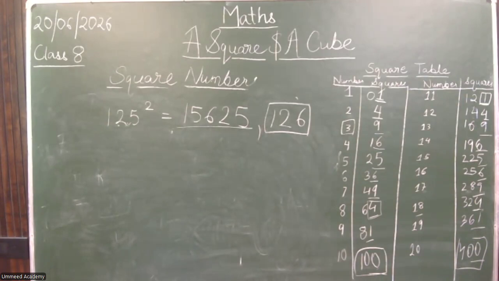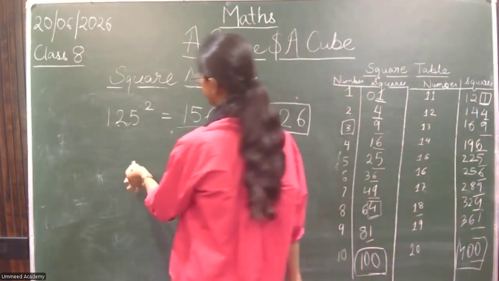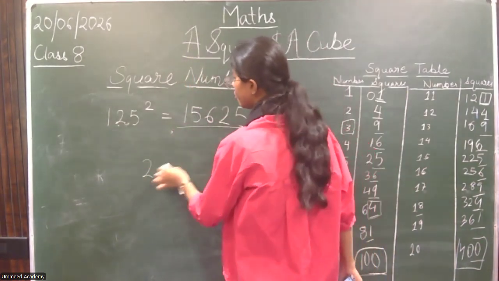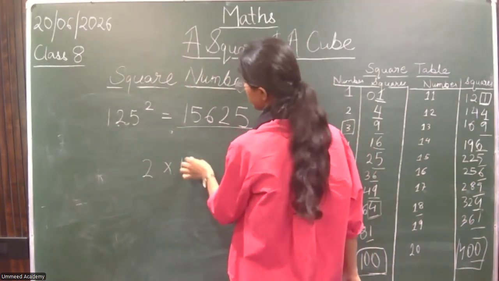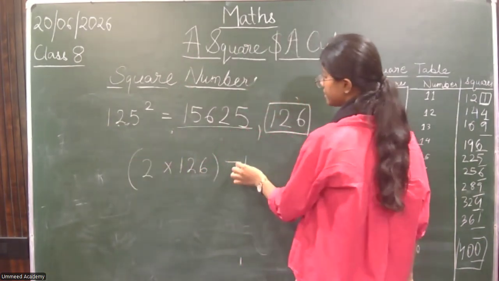How can we find it? By the help of 2n minus 1. Yes, we can do that. So what is n here, Pulkit? That's 126. Okay, 2 into n, which is 126, minus 1.